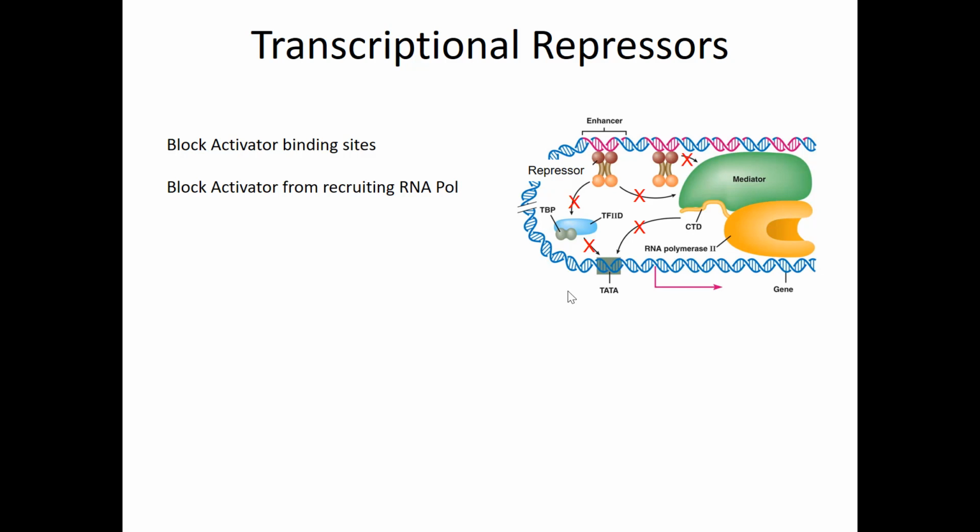And so that's still going to happen, unless you condense the chromosome so tightly to form heterochromatin that you cannot access it with the machinery. So repressors slow the rate of transcription. The expression is still happening, but at a lower rate.